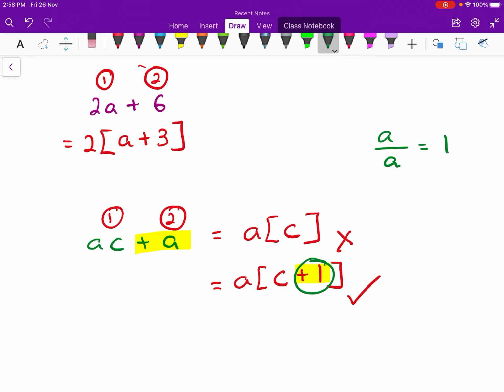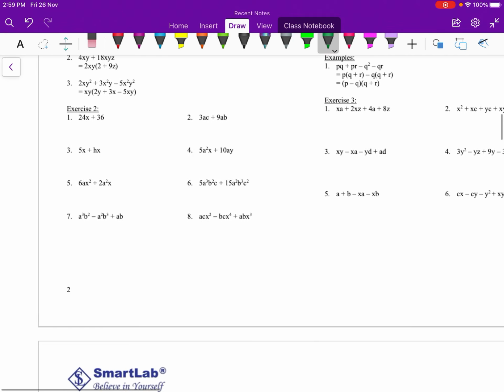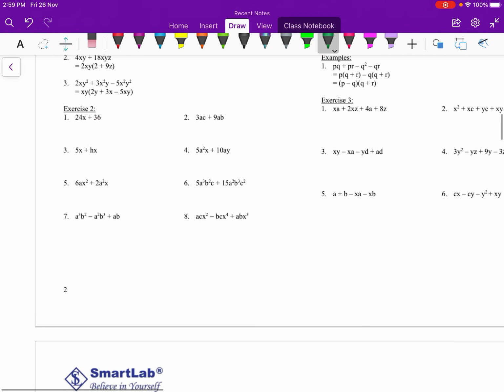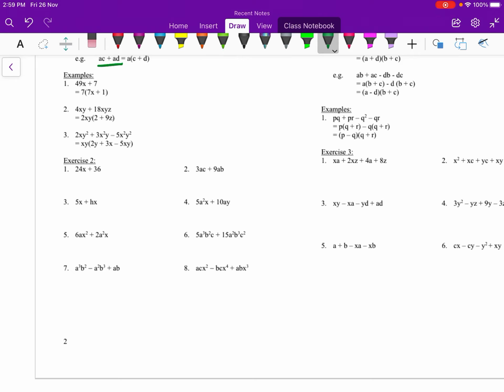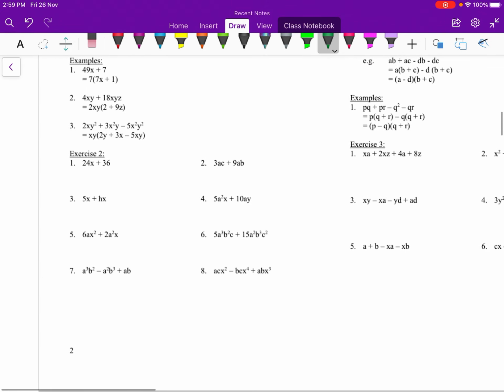Alright, let me get the ball rolling by doing Exercise 2 Question 1. After that I will let you attempt Questions 2 to 8 of Exercise 2. Looking at Exercise 2 Question 1, 24x plus 36. There's no common alphabet.